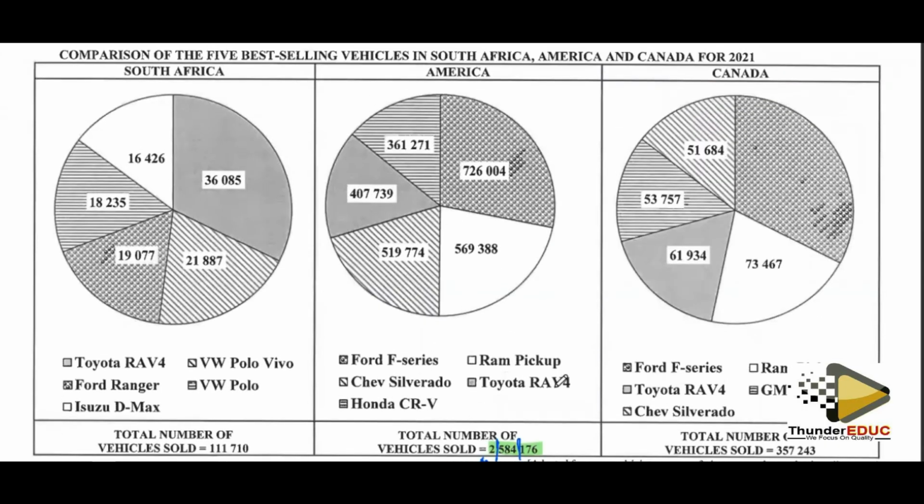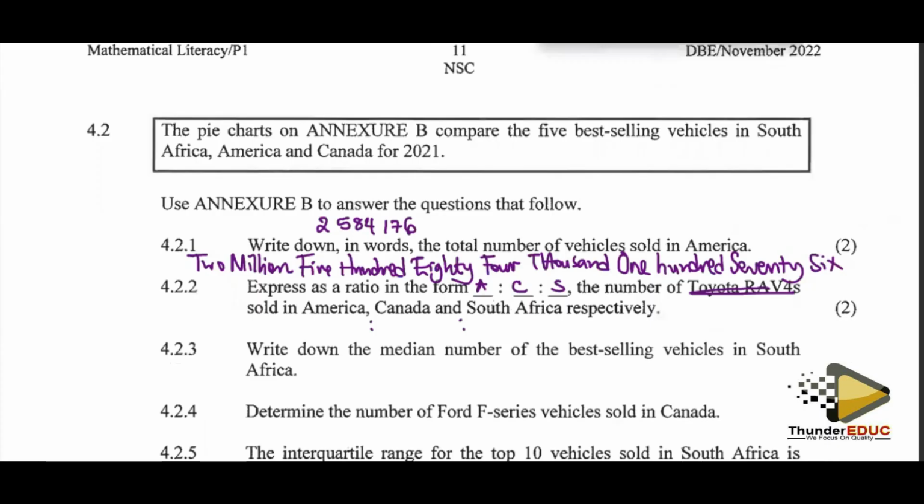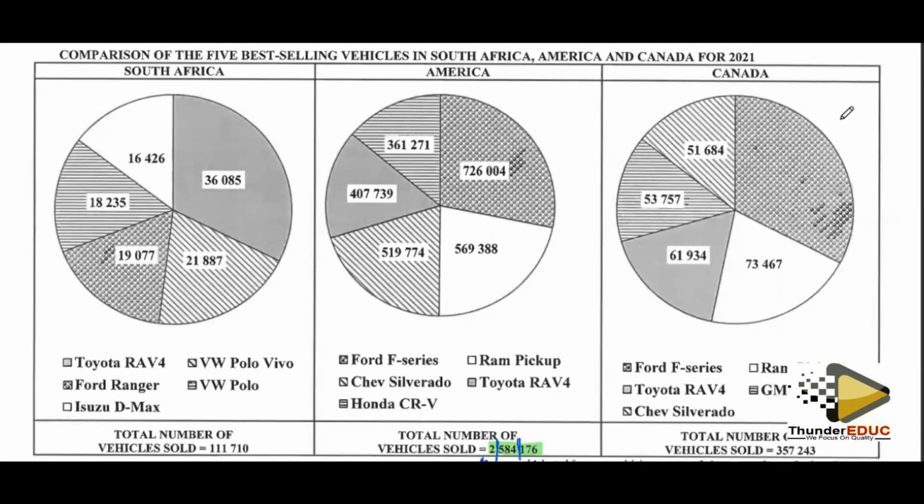America is here. RAV4s come here because we look at this and we look at this. So we go there and write 407,739. That's the number in America. We go check the one in Canada. Canada is here. We look at RAV4s.